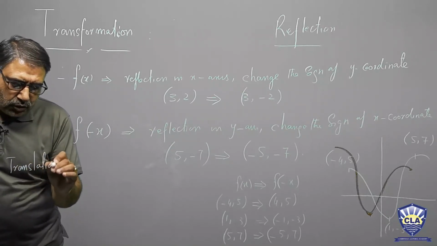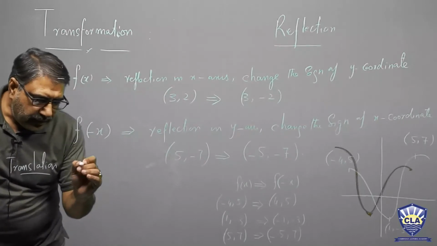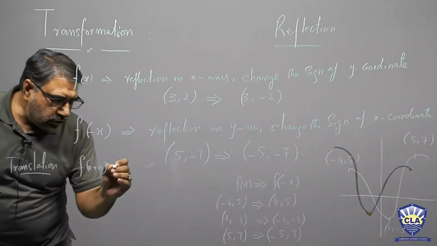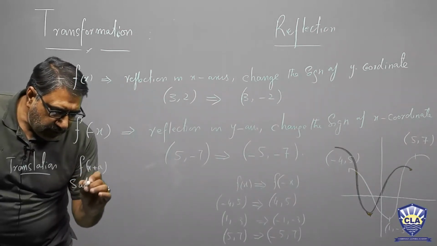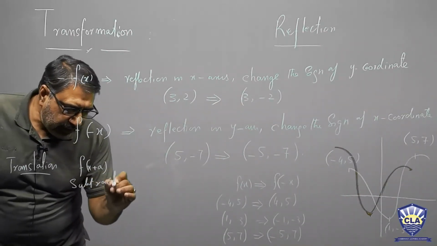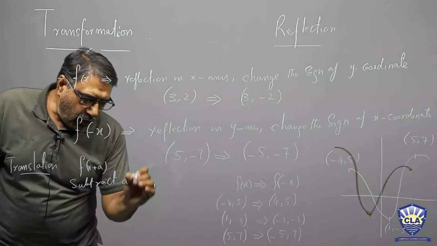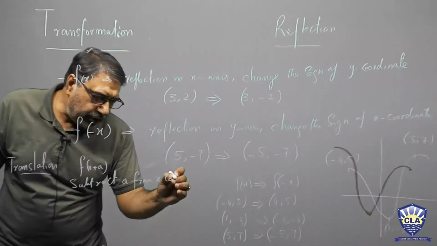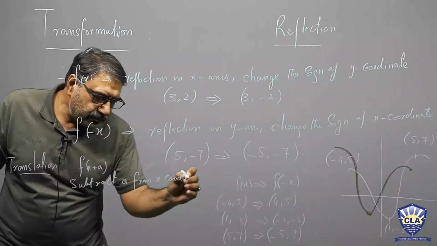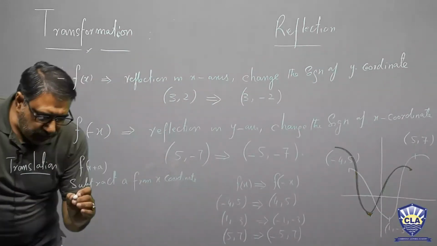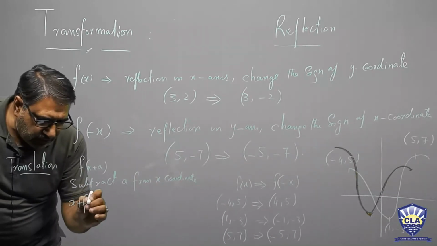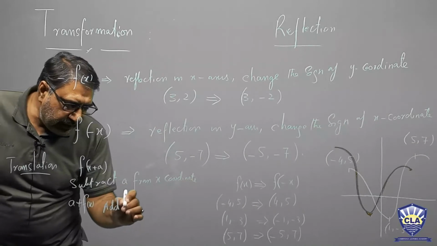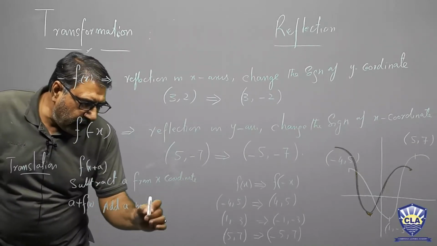In translation, what he said, f of x plus a, so subtract a from the x coordinate. And if we say a plus f of x, then add a in the y coordinate.